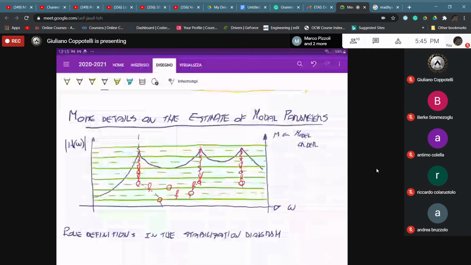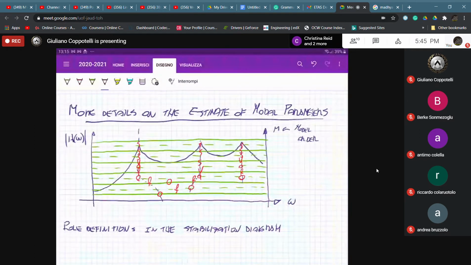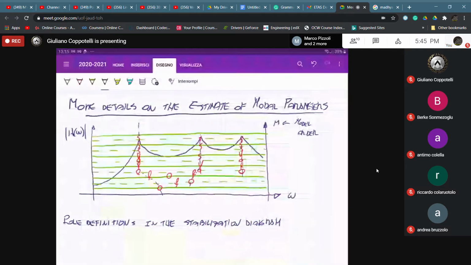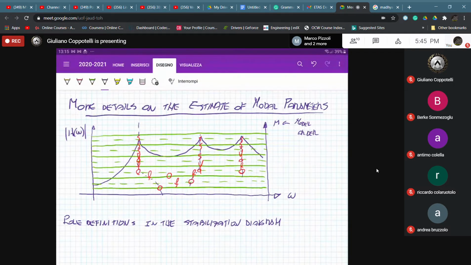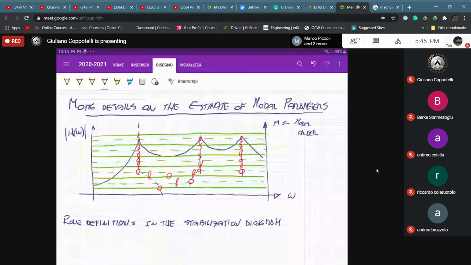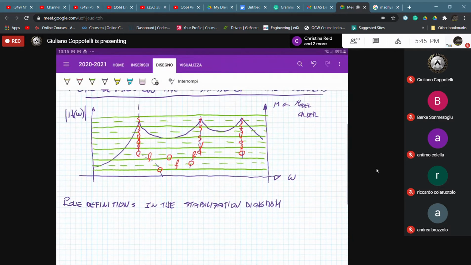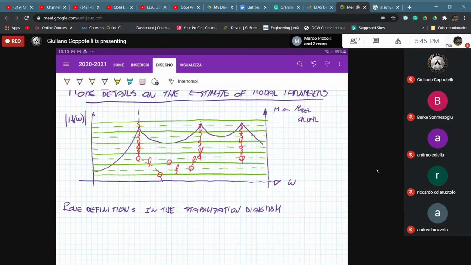And so the way you can estimate your model parameters is just finding what is called the stable poles, generally referred to as S. This S is representing the fact that the pole, when moving from one model order to the next one, is not changing that much. In order to characterize these changes, we have these definitions for the pole identification in the stabilization diagram.